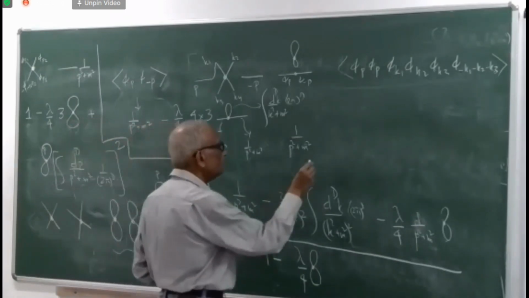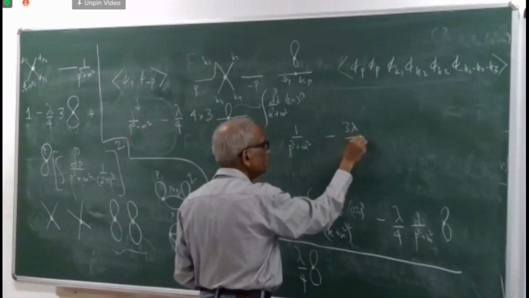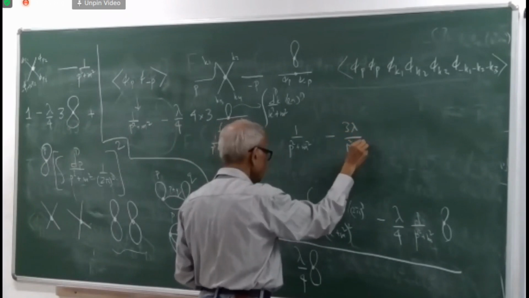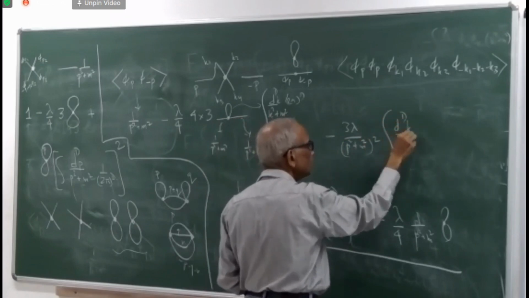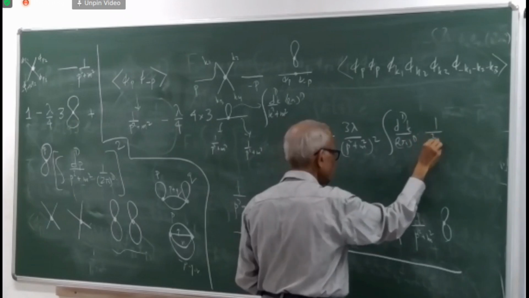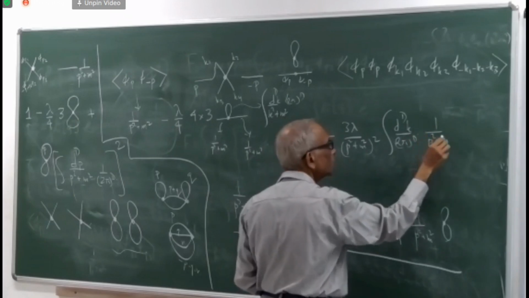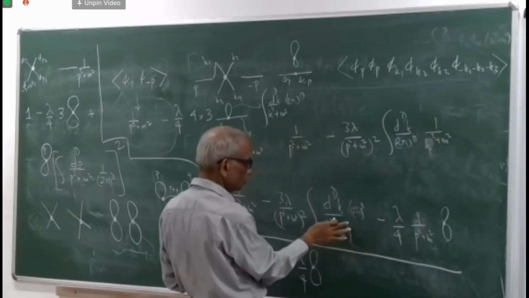And you are left with minus 3 lambda by P square plus M square whole square, and this integral over d^dk over 2 pi to the d over 1 plus P square k square. This whole square is wrong, no?